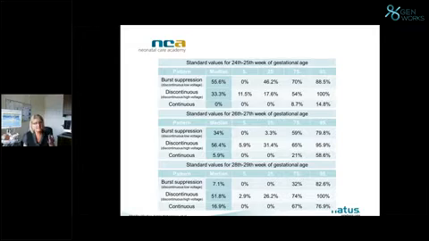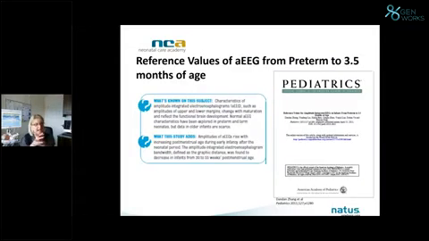This was a study that took infants all the way from the preterm group to about 3.5 months of age. And again, they showed that the amplitude of the AEEG rises with increasing postmenstrual age during these early infancy days, especially after the neonatal period.